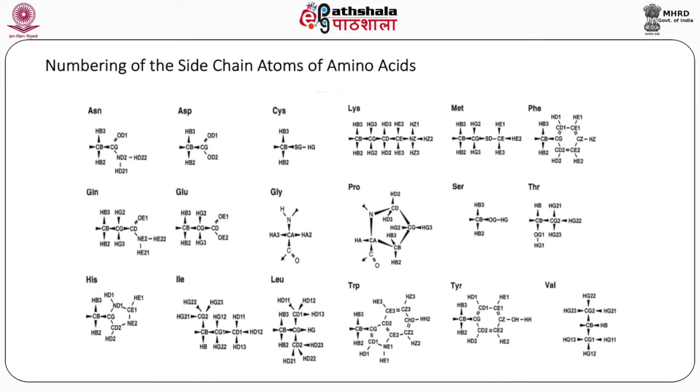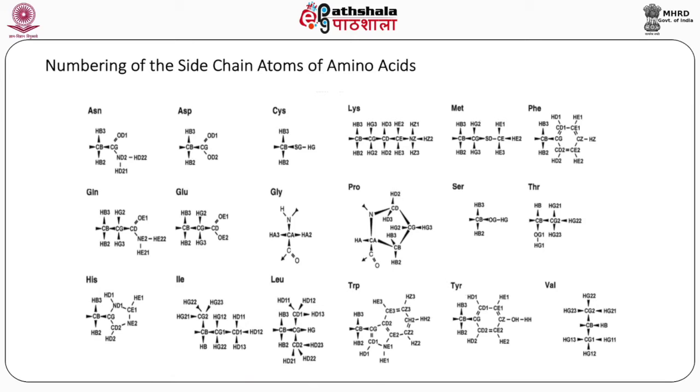Then there is a second carbon connected to Cb, which is Cg1, and the hydrogens are Hg21 and Hg22. And then we have a C delta methyl group, and it has HD11, HD12 and HD13, and so on and so forth for other residues.